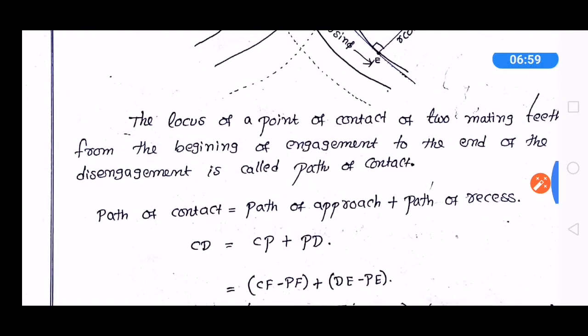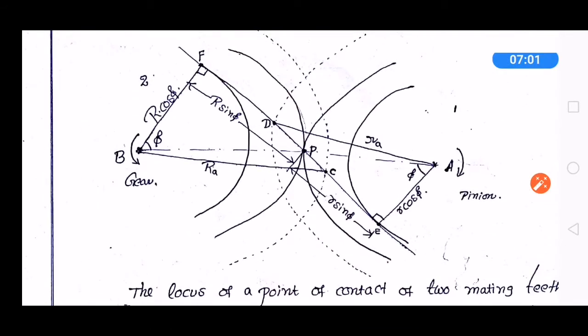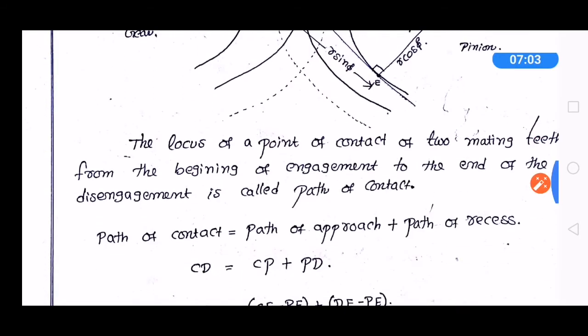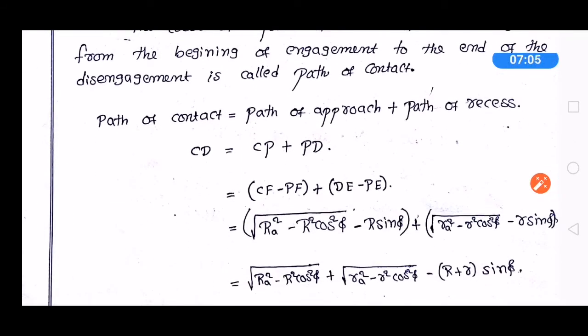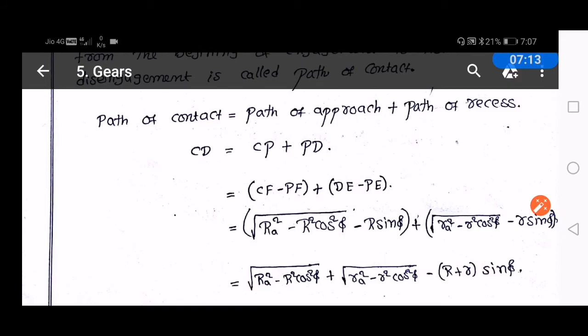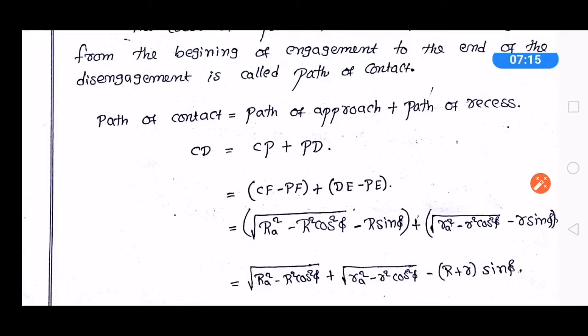Similarly, PF we have already written as capital R sin phi. So I have written CP as square root of RA square minus R square cos square phi, minus R sin phi, and in a similar way we can write DE minus PE also.